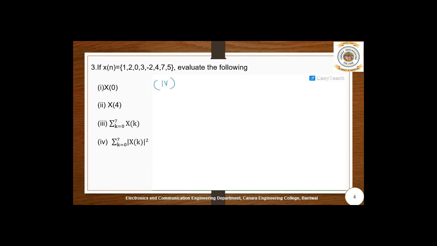We need to find out summation k value varying from 0 to 7 x of k whole square. Let us make use of Parseval's theorem.